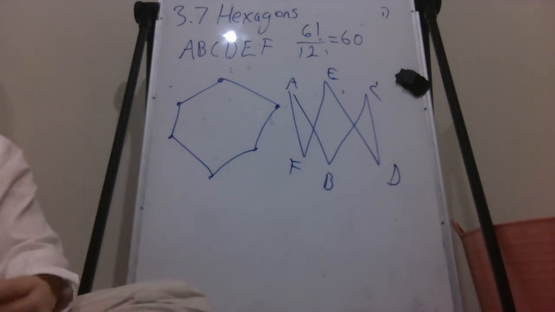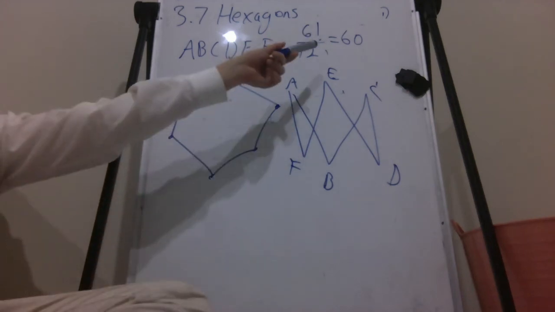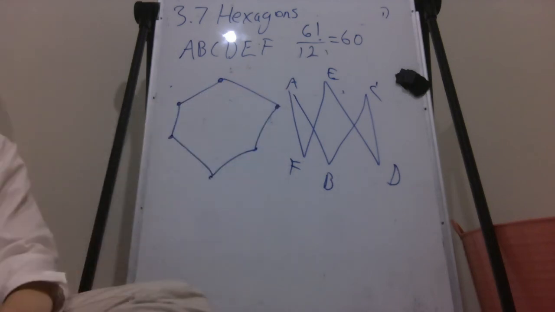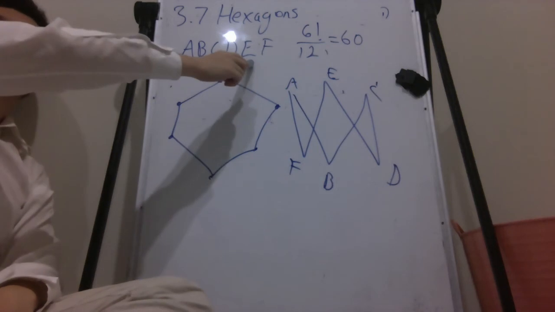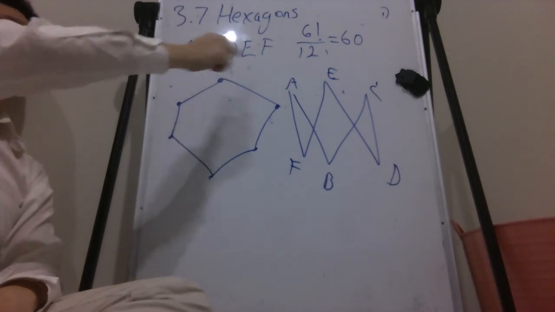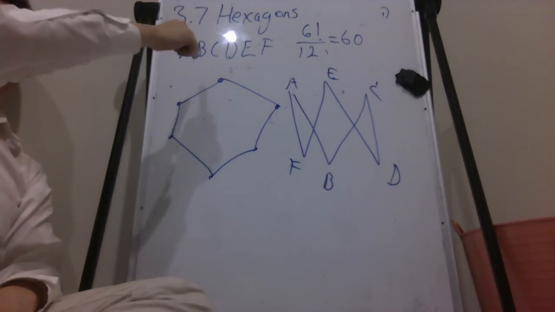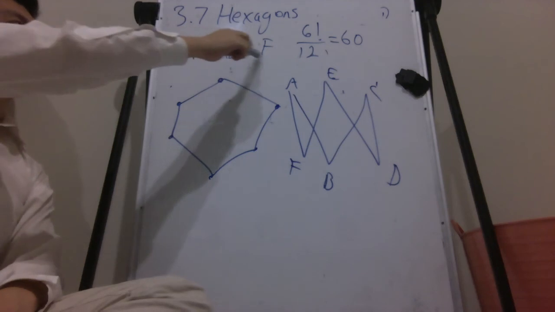That makes sense. There are 60 different hexagons from the 6 points: 6 factorial ways to label it, but 12 of those are degenerate, the same, because if you start with B, C, D, E, F, A, it'd be the same.